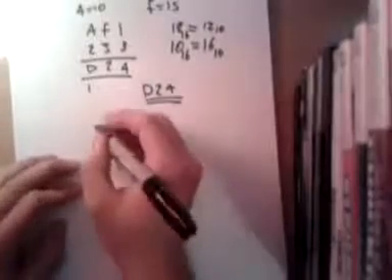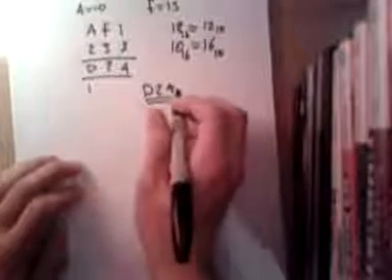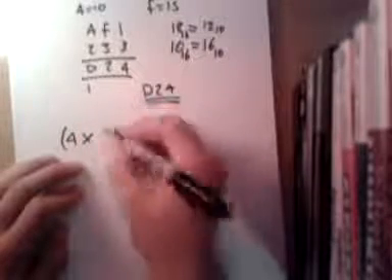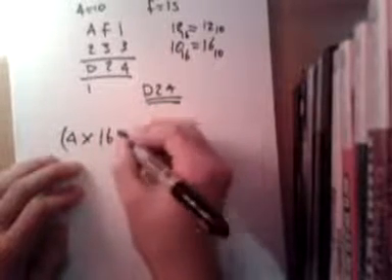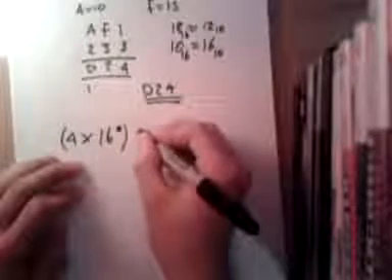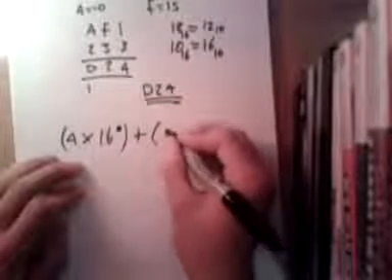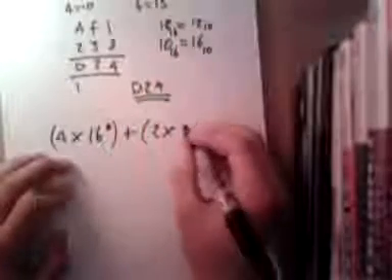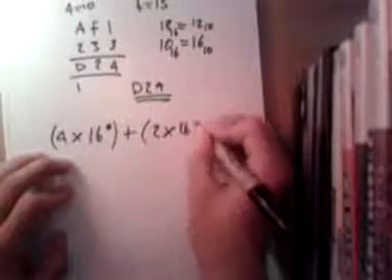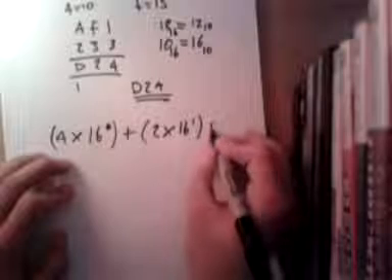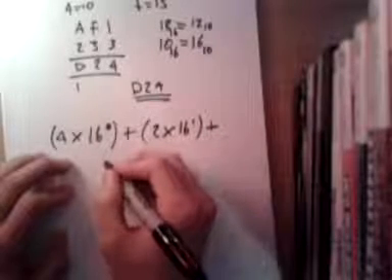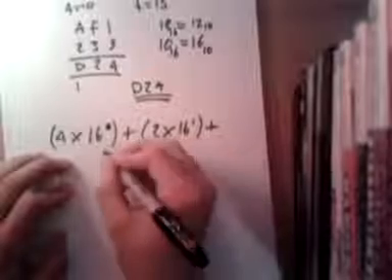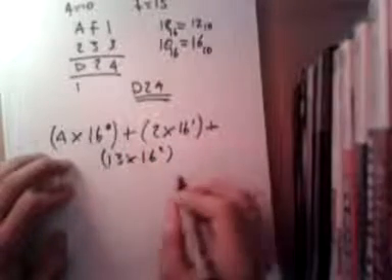Okay, to change it back, we must go 4 times the number base, which is 16 to the 0, then add 3 times the number base, 16 to the 1, plus D, which is 13, times the number base to the 2, and that's as far as it goes.